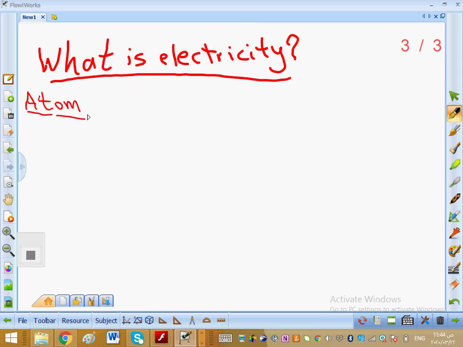Then this atom includes two main components. The first component of the atom, we call it the nucleus. A nucleus is the center of an atom, and electrons move around the nucleus.